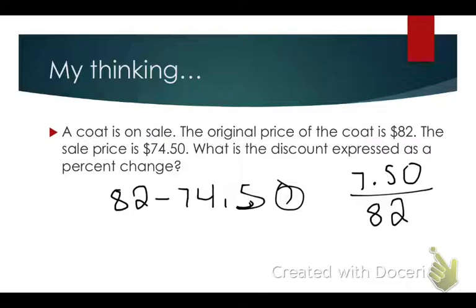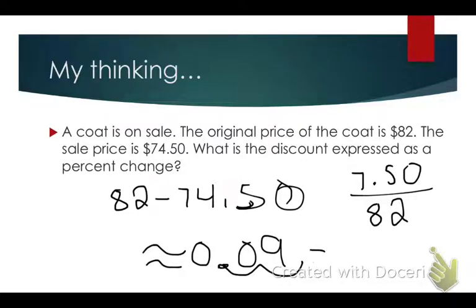All right, so this is the change divided by the original amount, and that's going to get me approximately 0.09. To make that a percent, I take my decimal point and move it over twice, or I multiply it by 100. So the discount expressed as a percent of change is a 9% decrease.